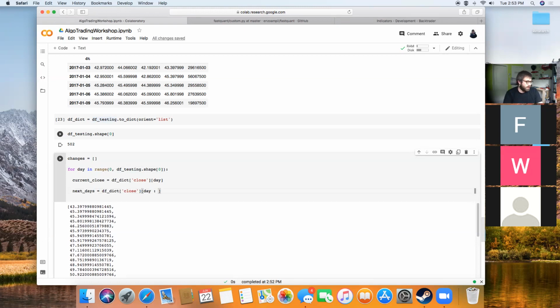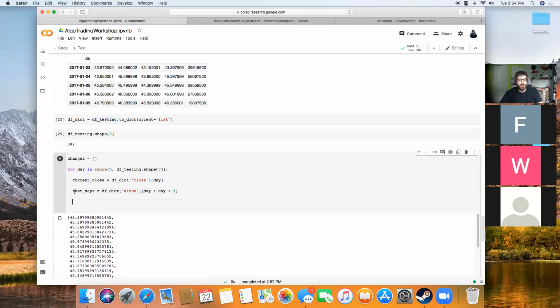Okay, so we're basically going to go from this index, whatever it is, until this index plus 5. So we're getting an array of values starting at this index and until this index plus 5. Whichever day we are at, plus the next 5 days, will be in this variable. So in here, we will have an array of the next 5 close prices based on this day.